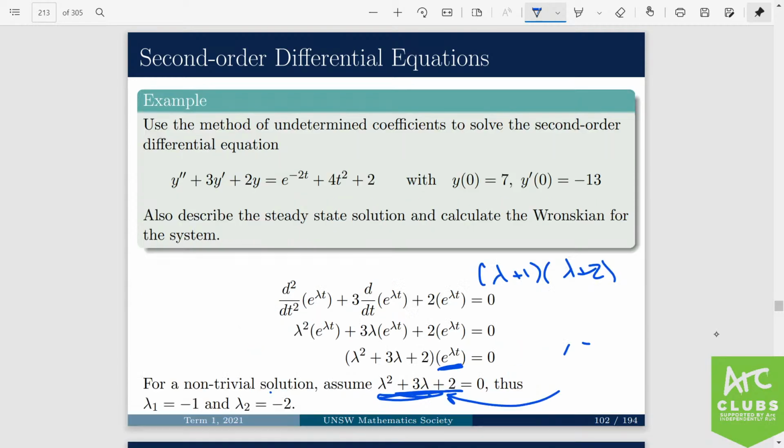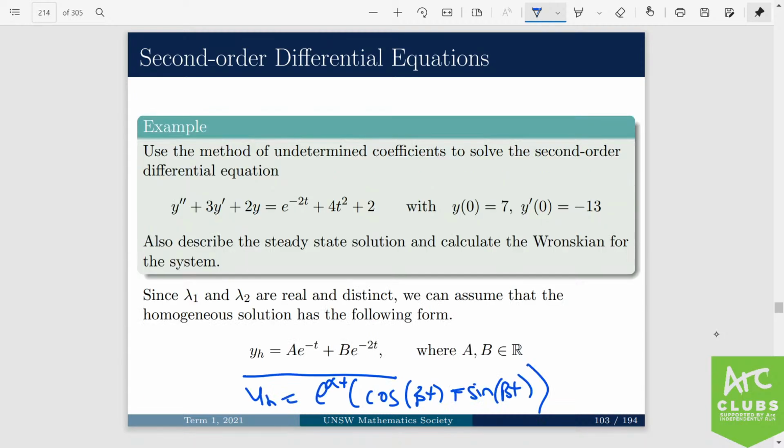The reason we get to that is because we found these lambda 1s and lambda 2s, which can be any complex number. So if you put e to some complex number lambda, this is the most general form that you can get. And then when you've got real and distinct roots, you won't have to worry about this part, you'll just have this part. So that's why we get two exponentials there in the homogeneous solution.